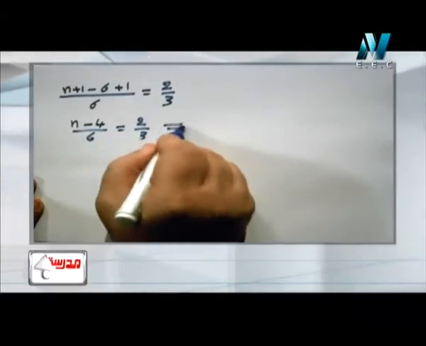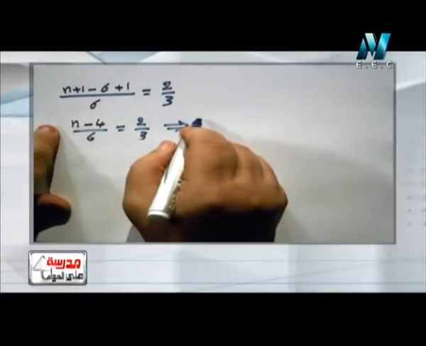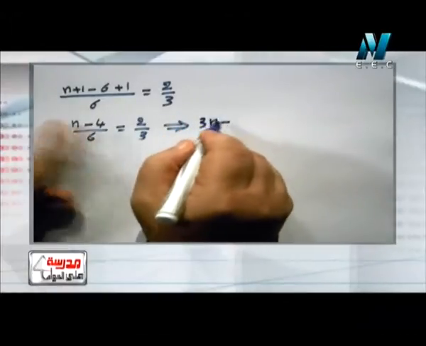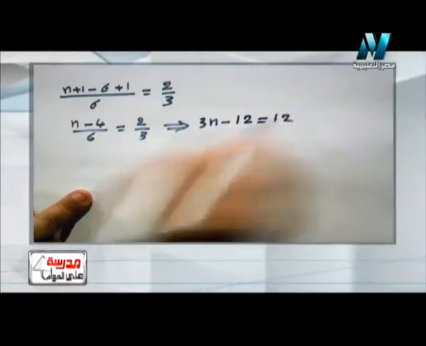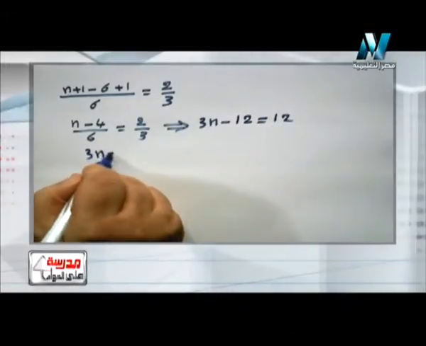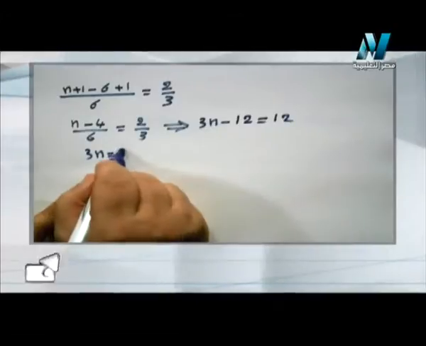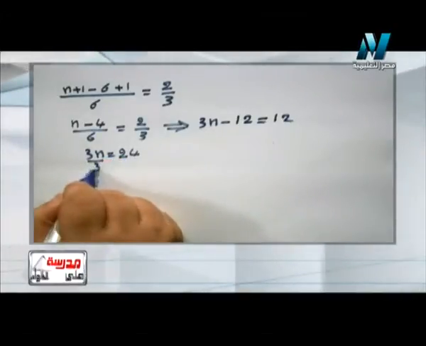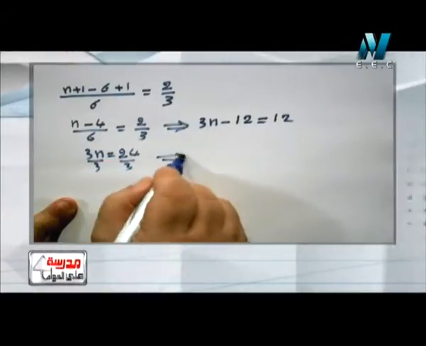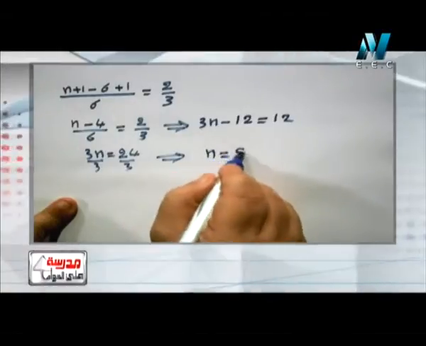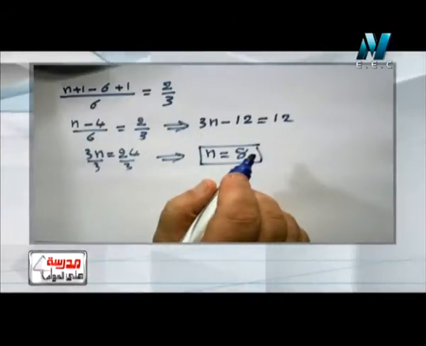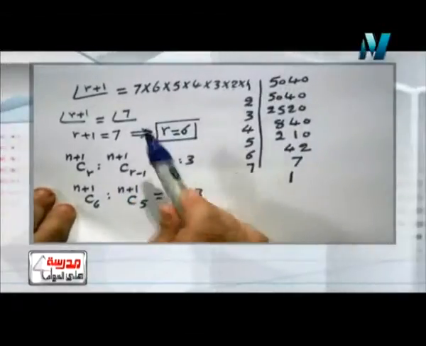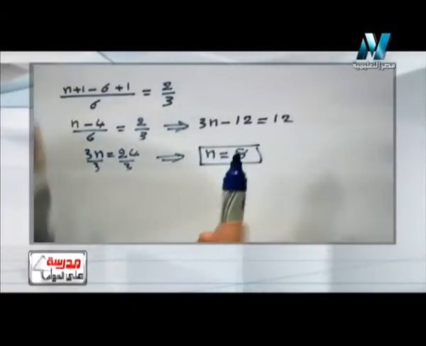Cross multiplication, then 3n minus 12 equals 12, so 3n equals 24, and finally n equals 8.